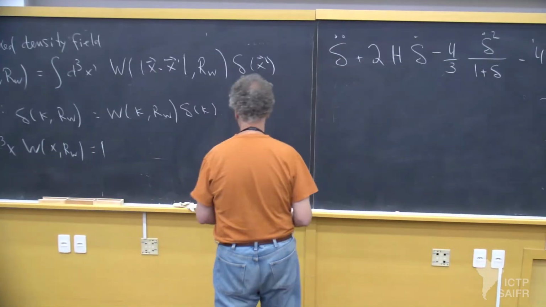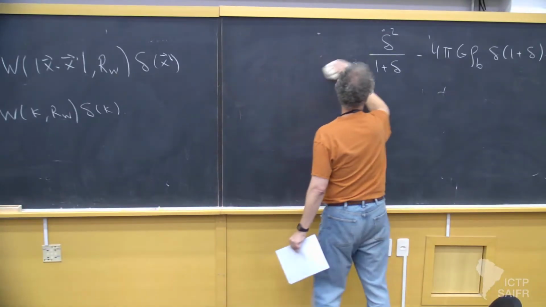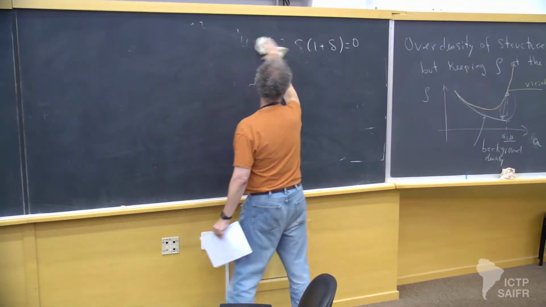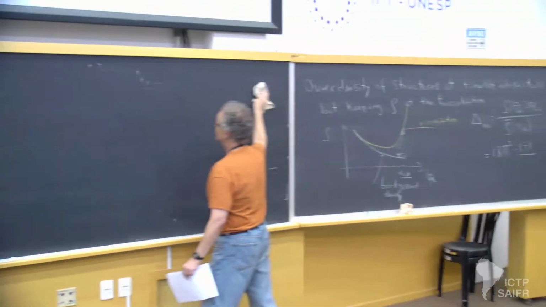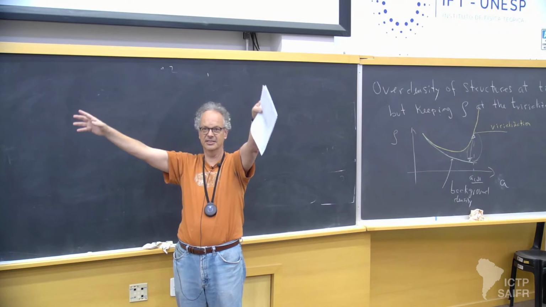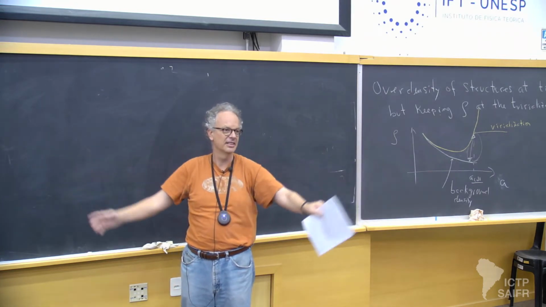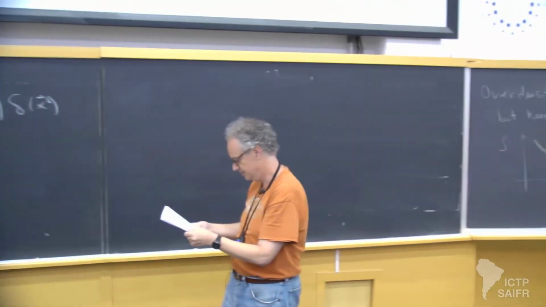So common choices for the window functions. Well, the most common choice is exactly this, that you have your telescope, you can see something in a certain region, and you cannot see anything in another region. That's the simplest thing, okay? And so you're smoothing that region.